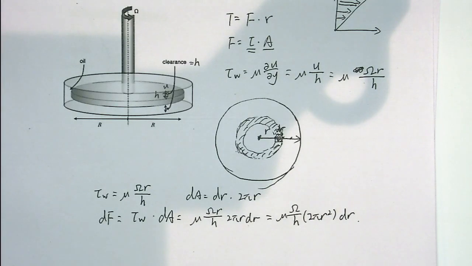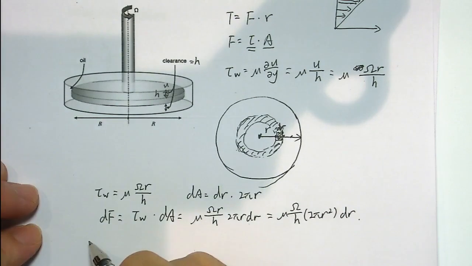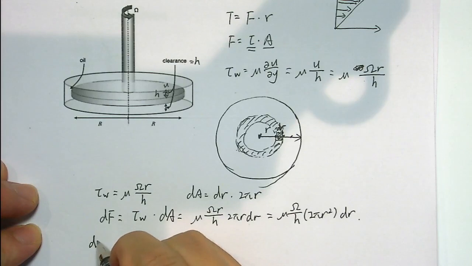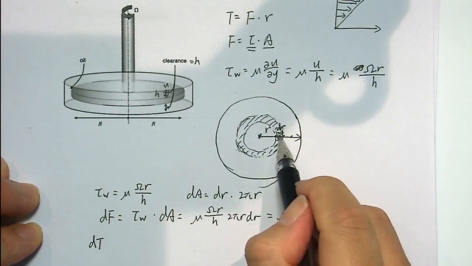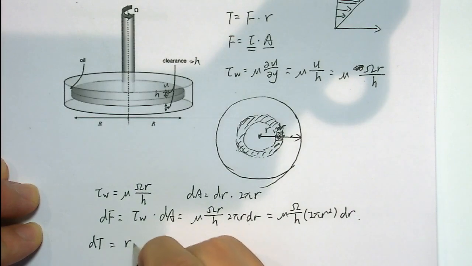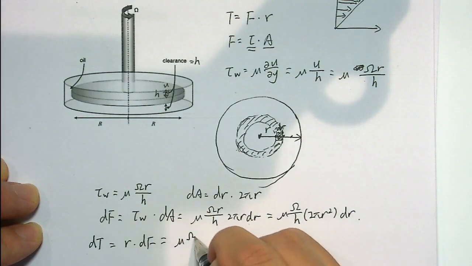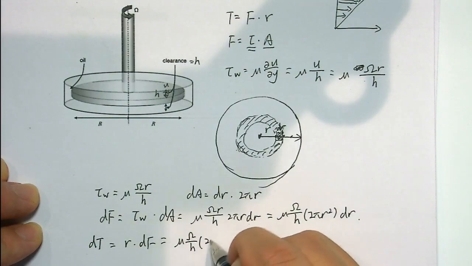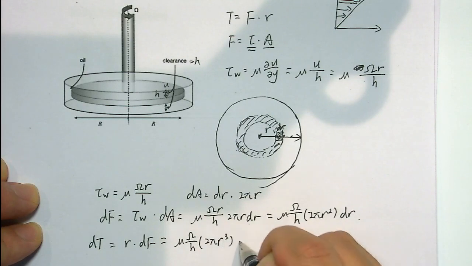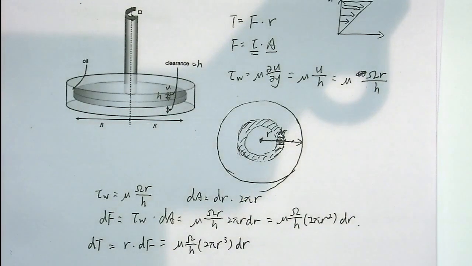And then we could solve the moment of torque. The dM at this radius should be r multiplied by dF, which is mu omega over h times 2 pi r cubed dr. So finally we got the moment for this infinitesimal part.